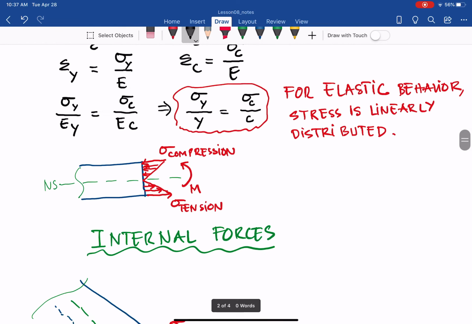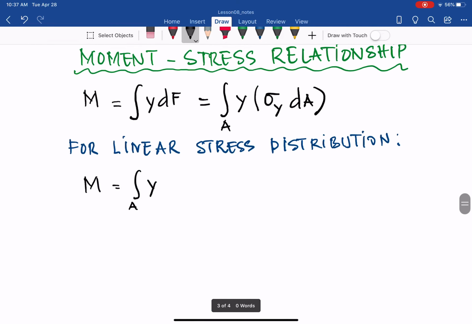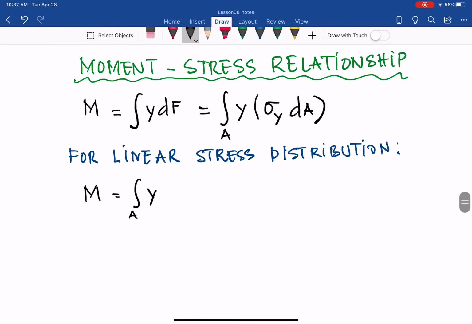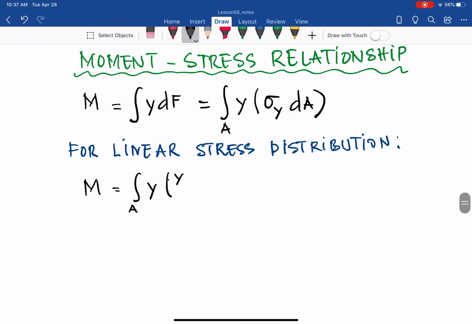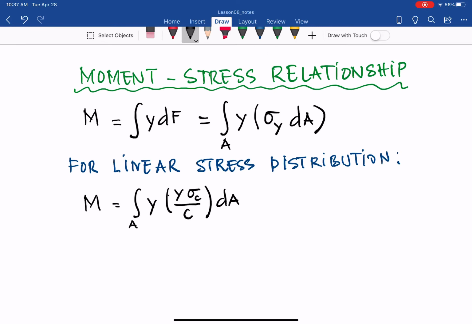So we can plug it into that equation with sigma y equal to y sigma c over c, and then we have dA. And sigma c, at a certain moment applied, the normal stress at the outermost fiber, remains unchanged.